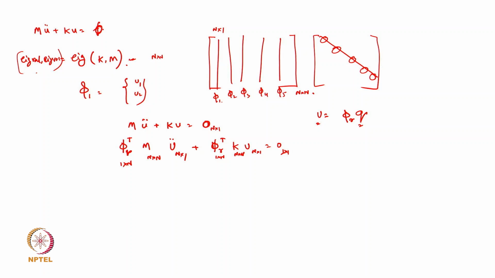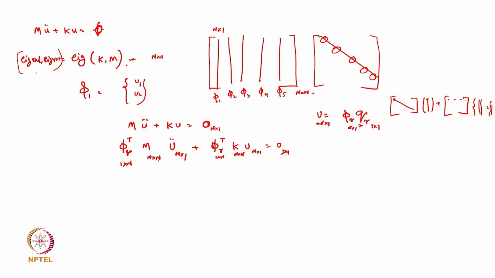Now from u1, u2 I am going to a coordinate system with the aim that my stiffness matrix and mass matrix, where the mass matrix is already diagonal, the stiffness matrix will also become diagonal. Then I will just have single equations, no complicated stuff.